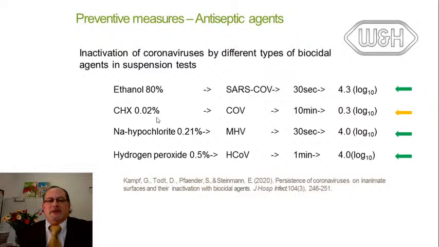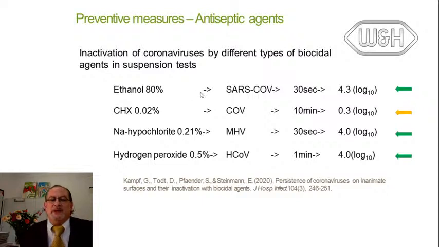And chlorhexidine was interestingly used in a very low concentration. We have to keep in mind it's tenfold lower than the concentration that we are normally using for the mucosa disinfection, and there it was proved on surfaces that it was not effective enough.